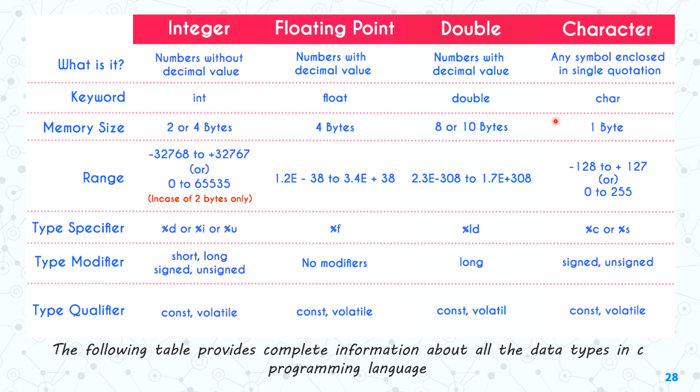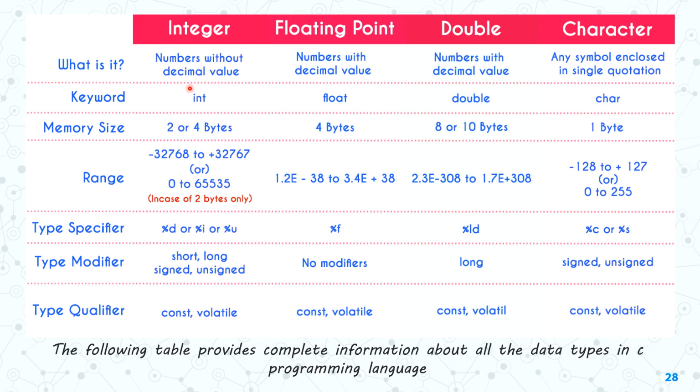Now, let's take a moment to look at this table. This slide brings together all the data types we have discussed so far in one place, making it easier to compare them. Here you can see the different C data types along with their typical size, range of values, and usage. This helps you understand which data type is suitable for different situations.